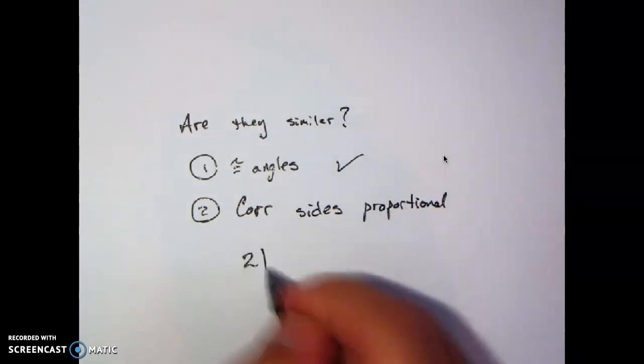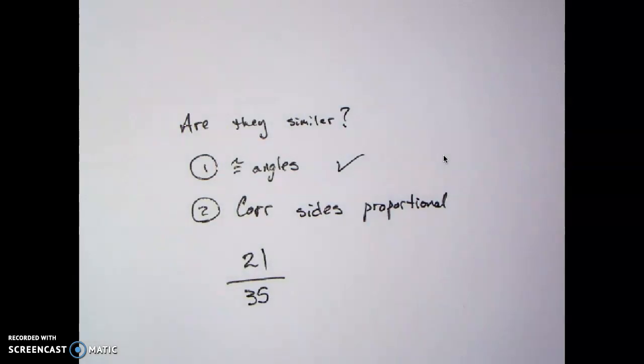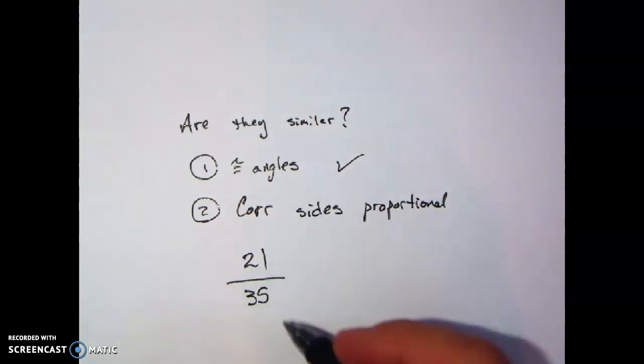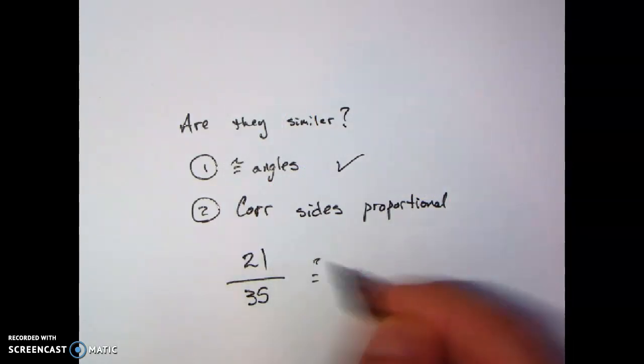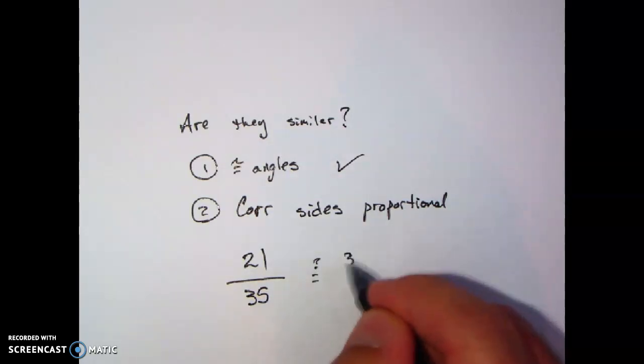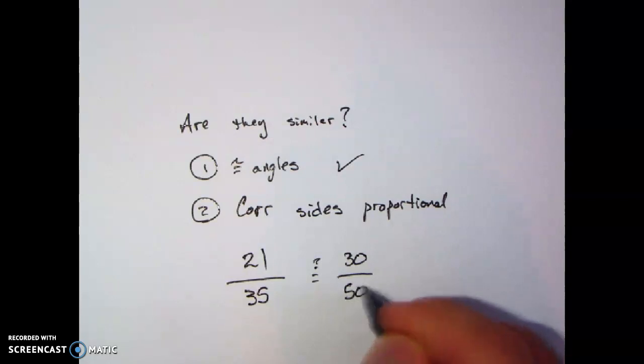So we already had the 21 and the 35 that we said were corresponding sides. So as we work our way around, here's our 30 and 30, that would correspond to the 50 and 50. And then the 27 and 45 would need to be corresponding as well. So what we're trying to find out is 21 over 35, is that equal to 30 over 50?